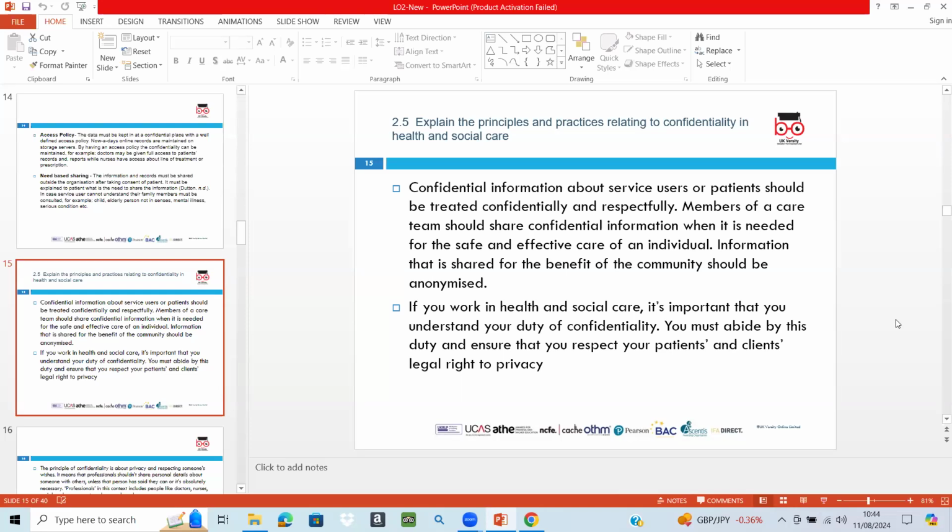Healthcare providers must ensure that all service user information is handled with the utmost respect. For example, if a patient confides in a nurse about a sensitive issue, the nurse must keep that information private and only share it with those who need to know to provide the care.